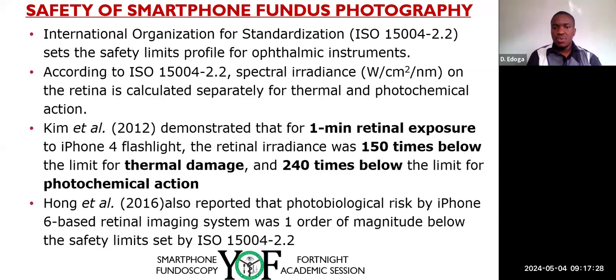So the ISO safety limit is when the retinal irradiance is more than 706 watts per centimeter square, that is where you have retinal damage, when it is on an area of diameter of about 1.7, so an area around the diameter of the optic disc. So if you check this reading, Kim got very, very low readings, so it's actually very safe.